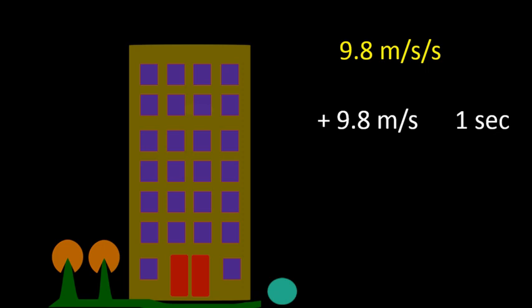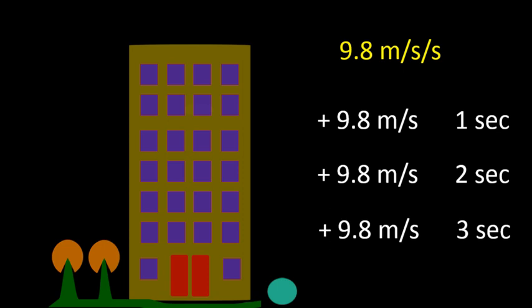So after the first second, it has increased by 9.8, and then the next second it increased by another 9.8, and then the next second it increased by 9.8. So its acceleration is its velocity increasing per second. So 9.8 meters per second is the velocity that it's changing, and it changes that much every second.